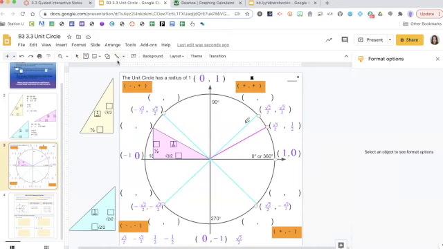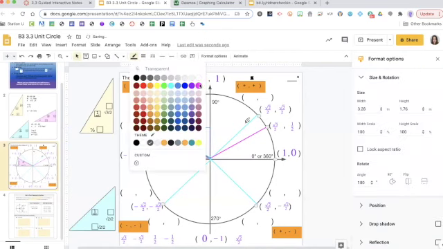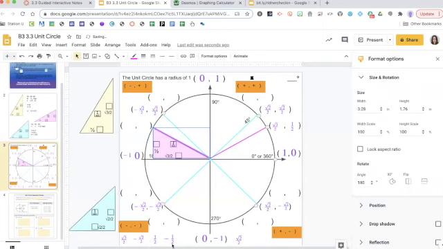I'm going to do the same idea here. Line that is pink. We didn't finish our blue degrees, but we will do them all together at the end to finish that up.